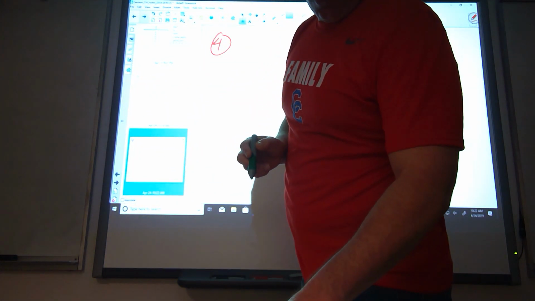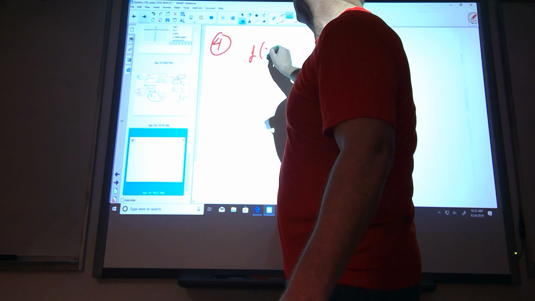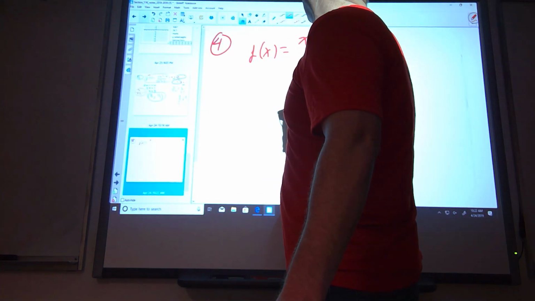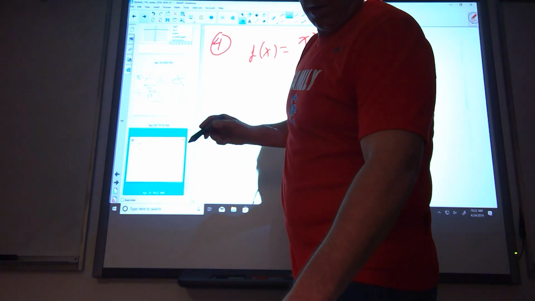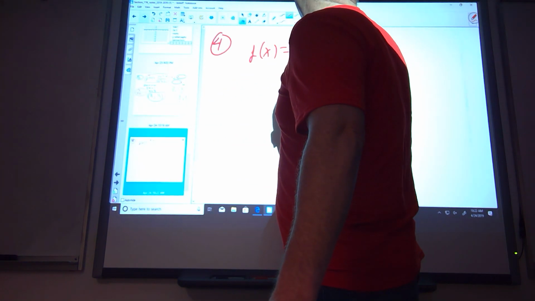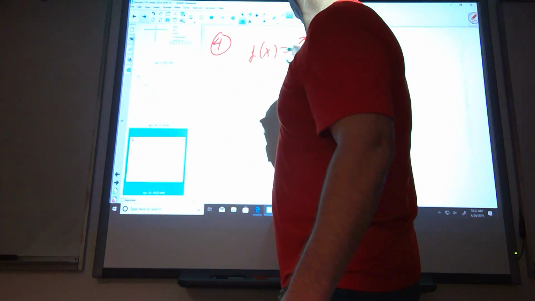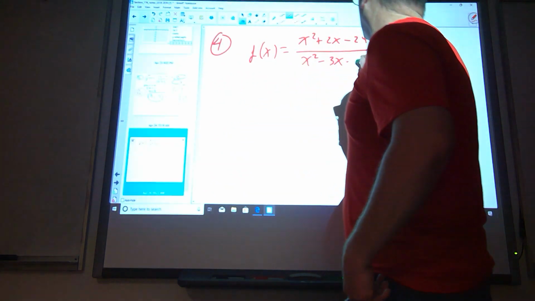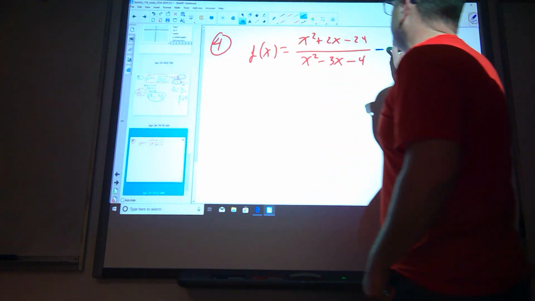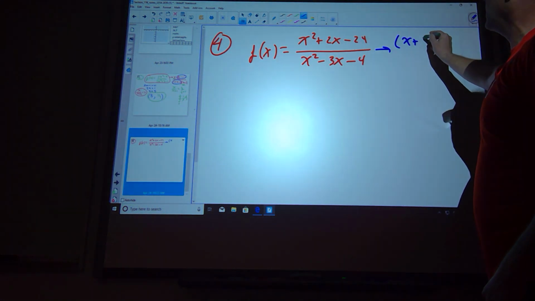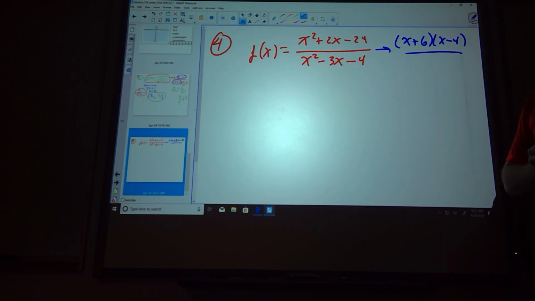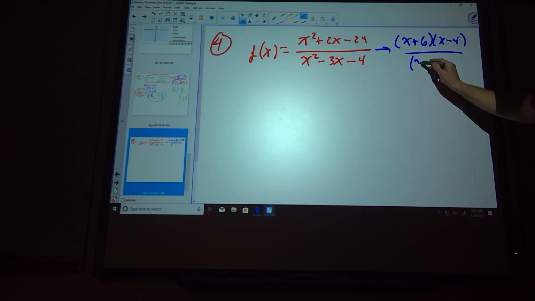Number 4. f of x is equal to x squared plus 2x minus 24 over x squared minus 3x minus 4. All right, we want to go ahead and factor top and bottom. So I say top would factor x plus 6 and x minus 4. Now I'm thinking one of those binomials will be on the bottom: x minus 4 and x plus 1.